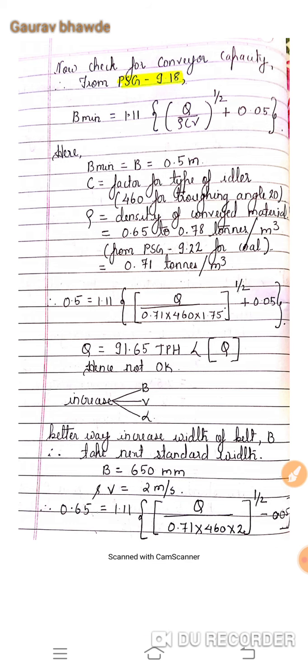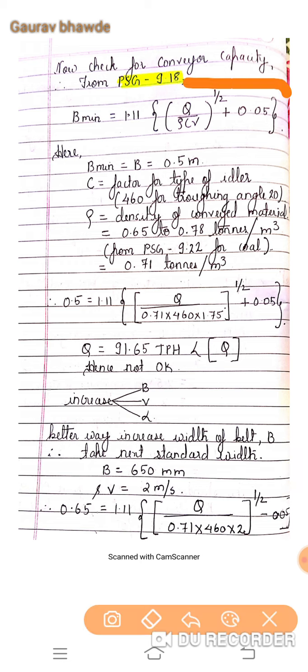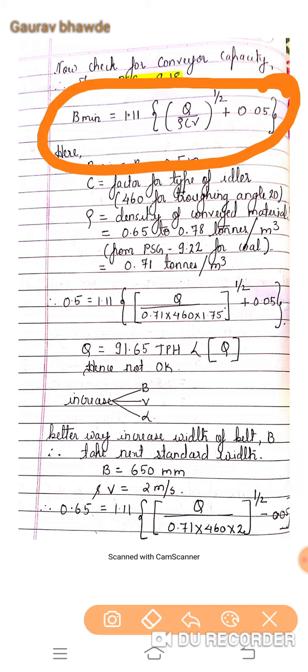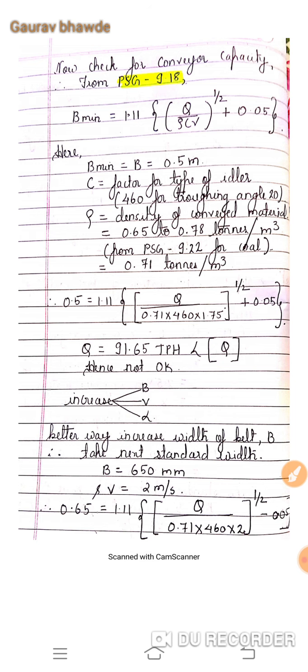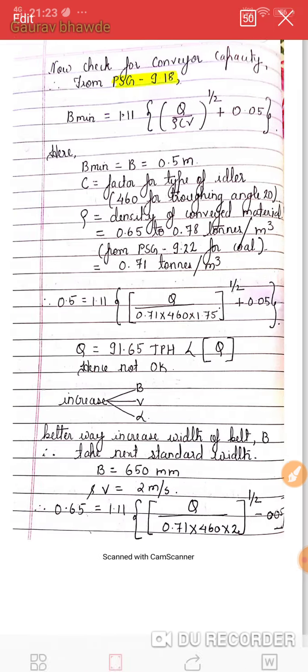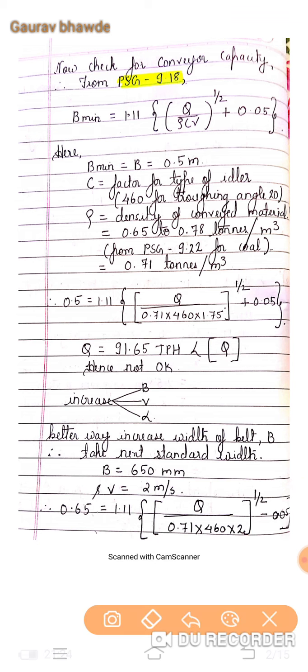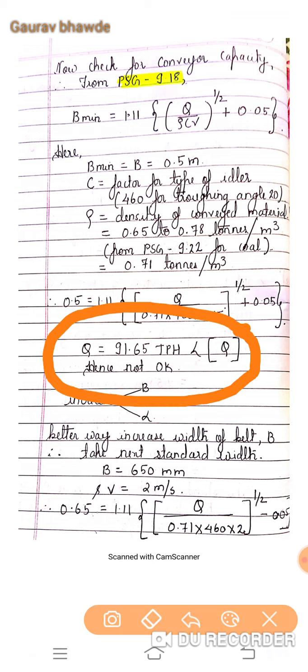After getting all values, we put them into the equation, and we get this value of conveyor capacity Q, which is equal to 91.65 tons per hour, which is less than the required or the design conveyor capacity, hence not okay.